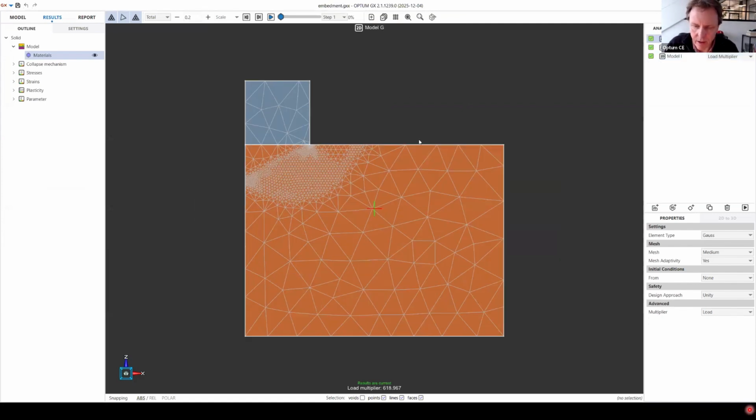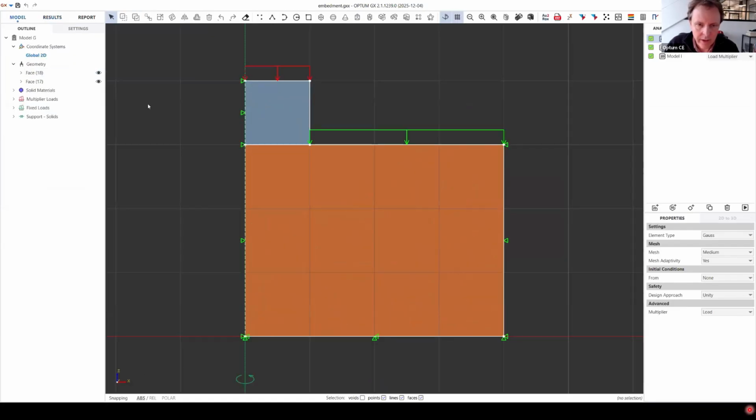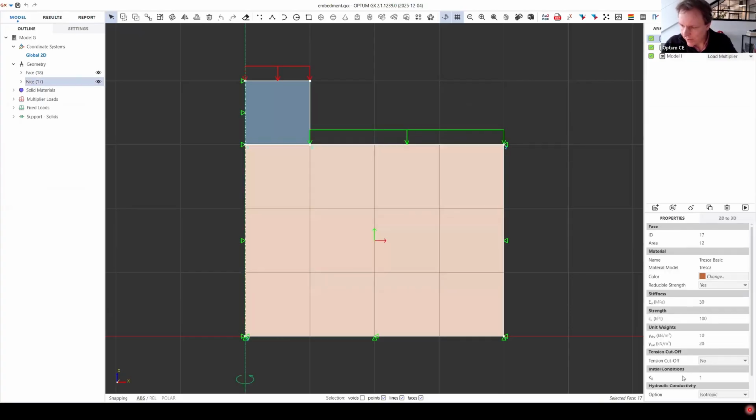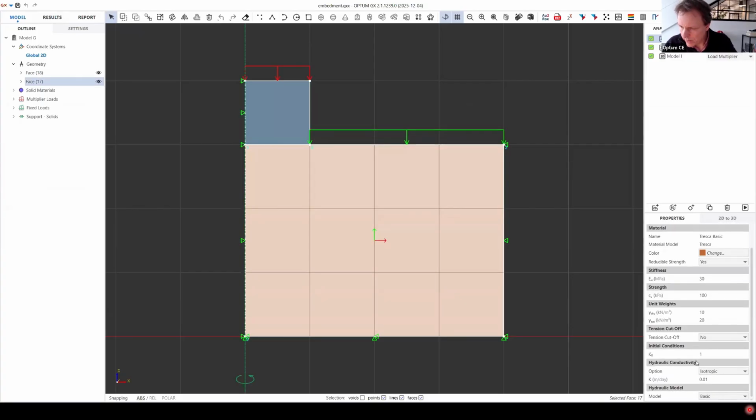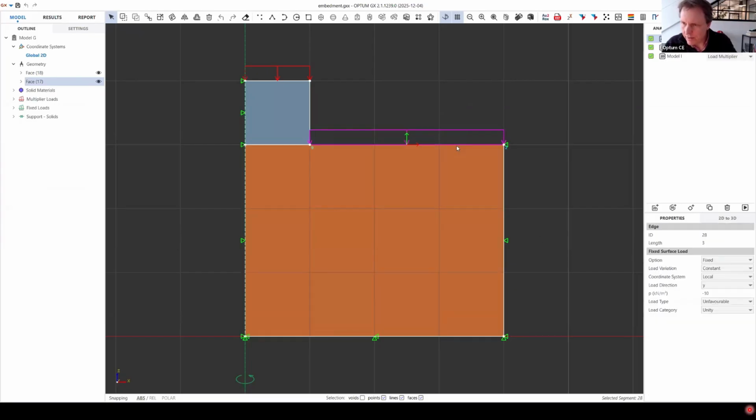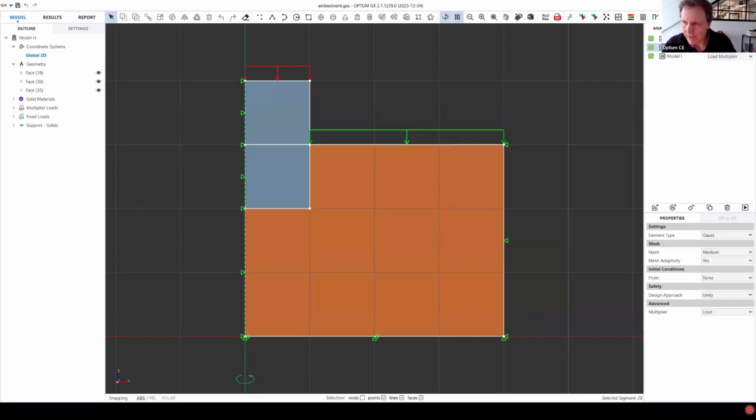So this is an example of a foundation on a Tresca soil with 1 meter embedment, and now I have a unit weight here of 10, so the embedment corresponding to 1 meter is 10 kPa, and then, oh yeah, that's been done in a little bit the wrong way. Let's do it the right way.